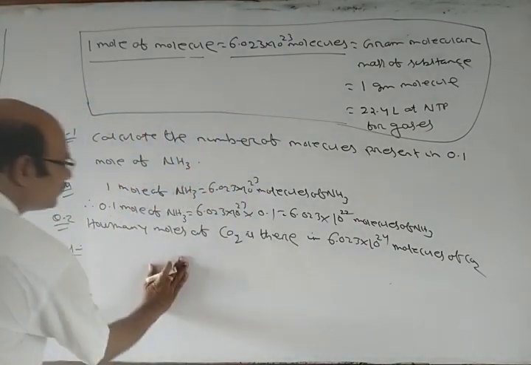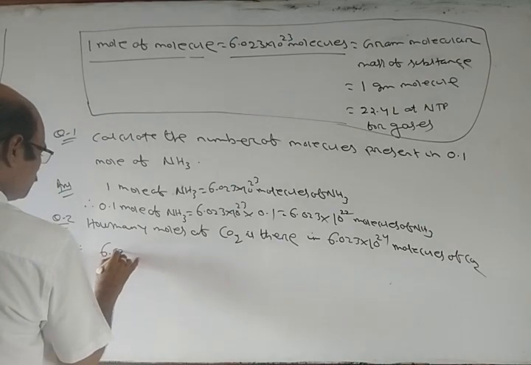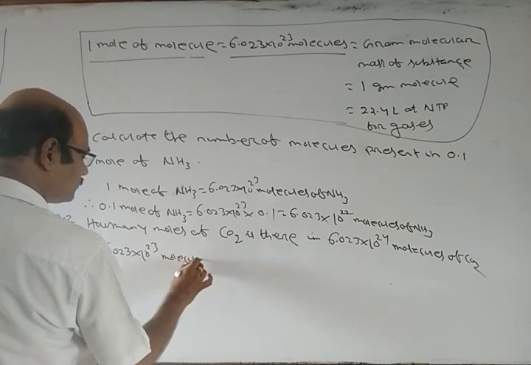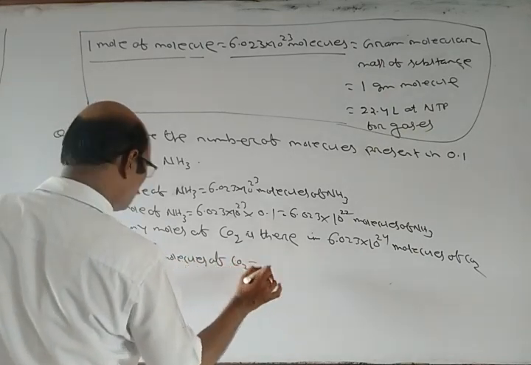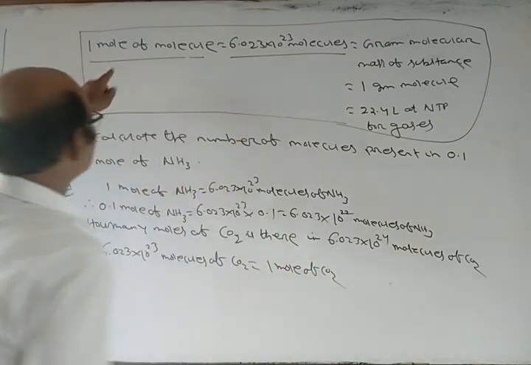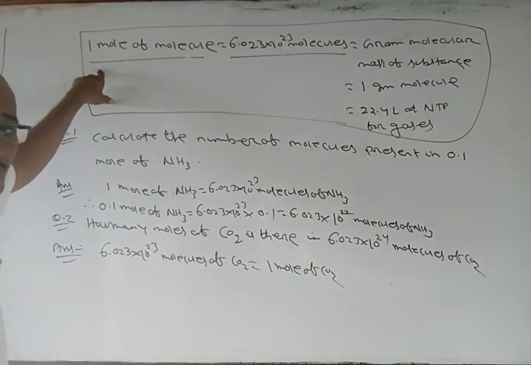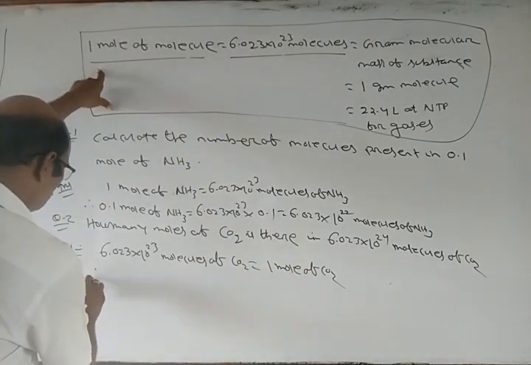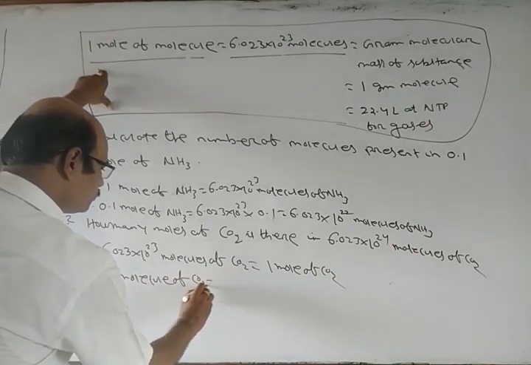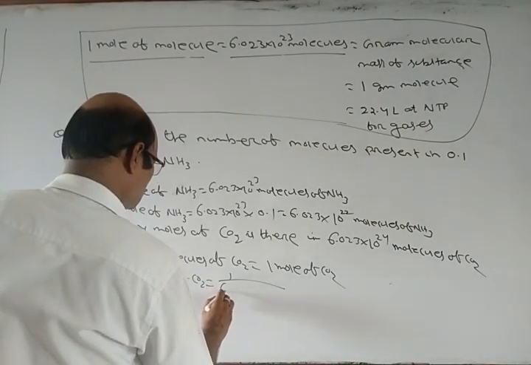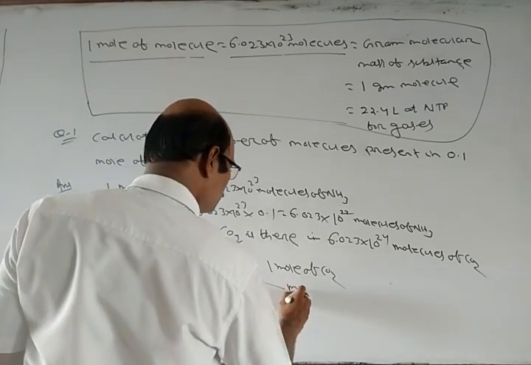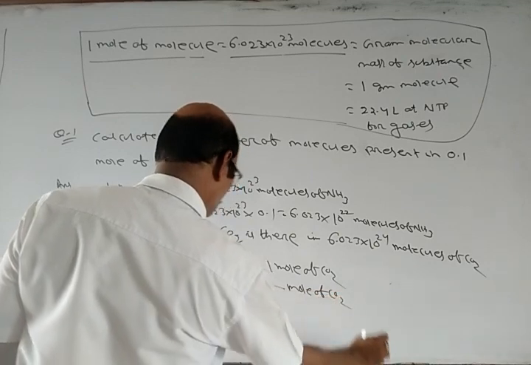What do you write here? 6.023 into 10 power 23 molecules of carbon dioxide is equal to 1 mole of carbon dioxide. Therefore 1 molecule of CO2 is equal to 1 by 6.023 into 10 power 23 mole of CO2.